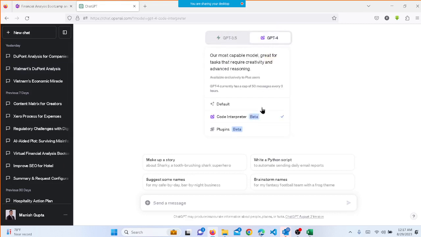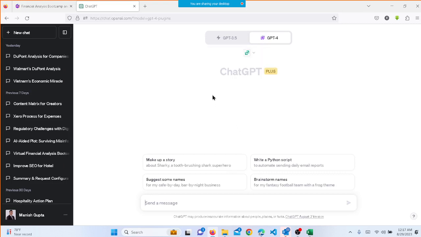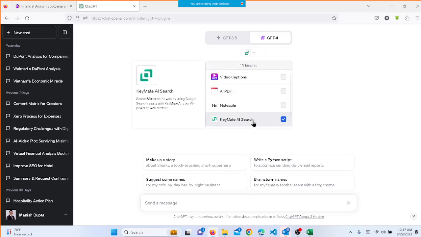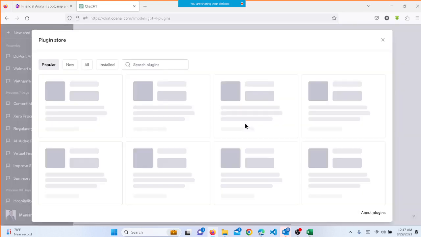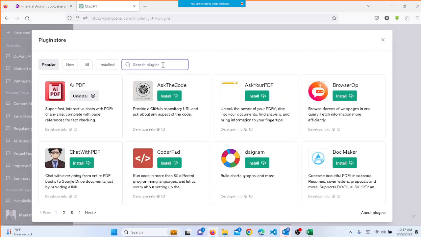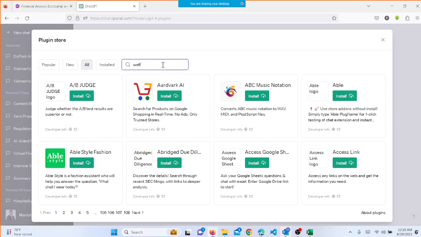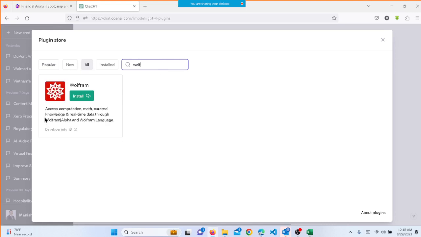In the plugin store, you can search what kind of plugins are available for financial statements. There is one called Wolfram. It accesses computation and real-time data through the language, so it's mostly on computation information.